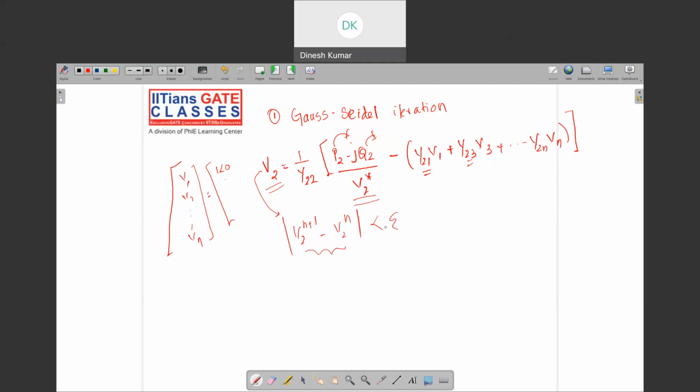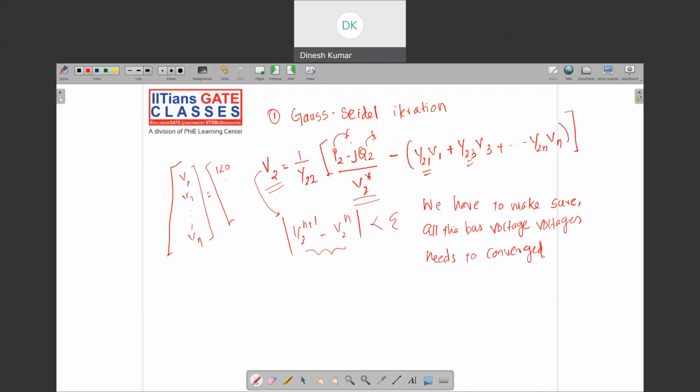That is how we are using Gauss-Seidel. But the problem here is we have to make sure all the bus voltages are converged.